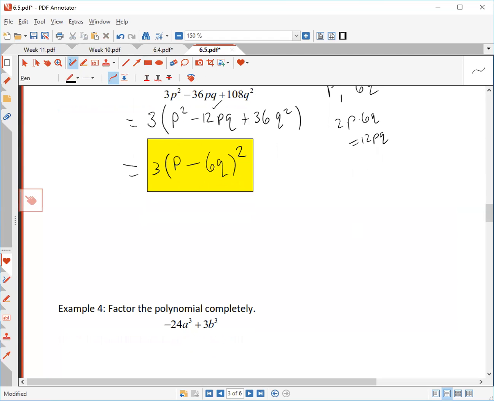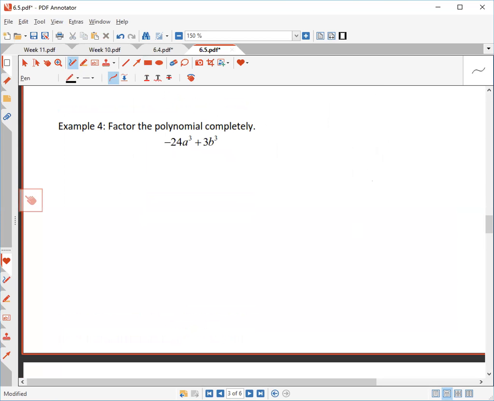And now we look at some of our binomials that we've looked at already. All right, as it stands, we've got some cubes on our A and B, but we need to take out that 3.